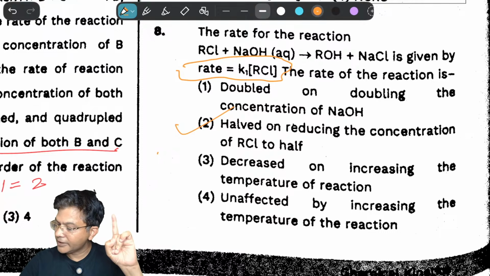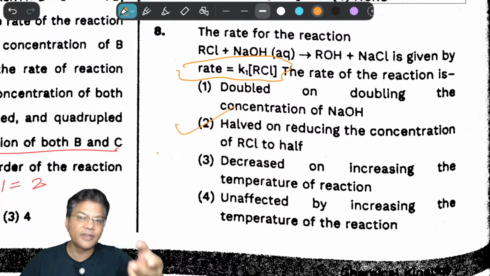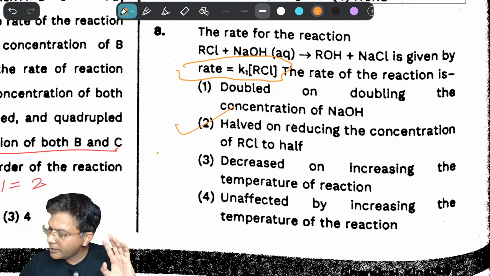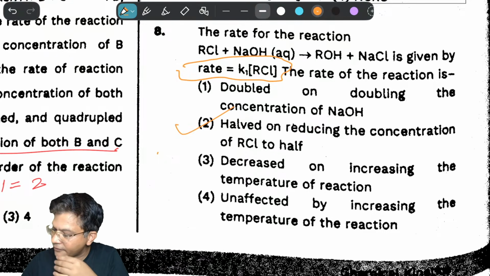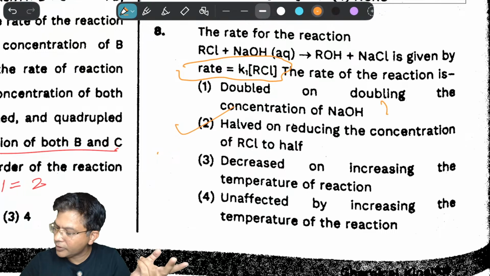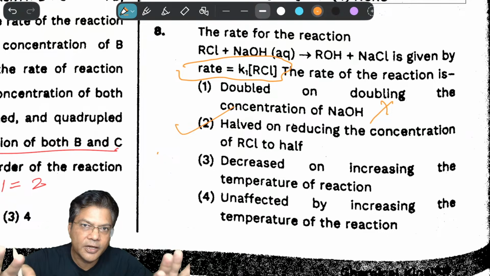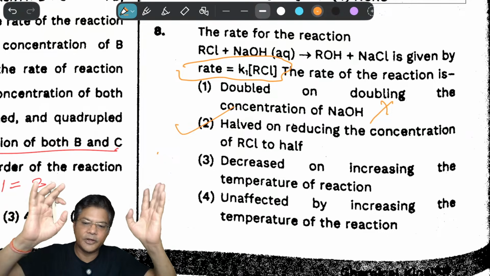The rate is directly proportional to concentration. If you make it double, the rate will become double. If you halve it, it will become half. Double on doubling the concentration of NaOH is wrong, because the rate of reaction is not dependent on the concentration of NaOH.